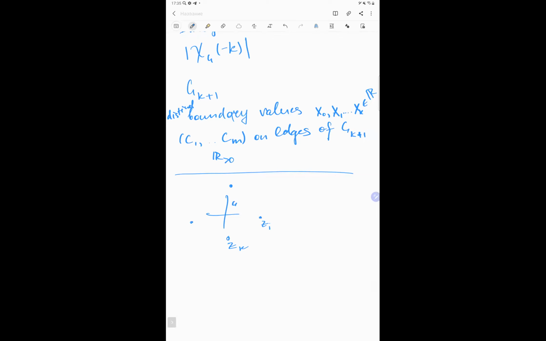And we want to find such a function H from the set of vertices to some field, a voltage, and we want to minimize this sum.